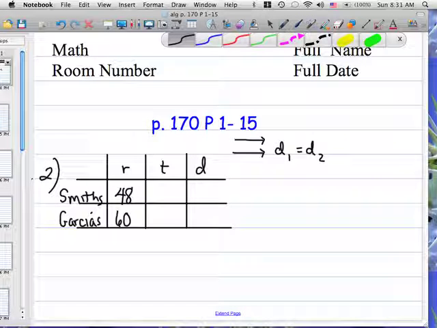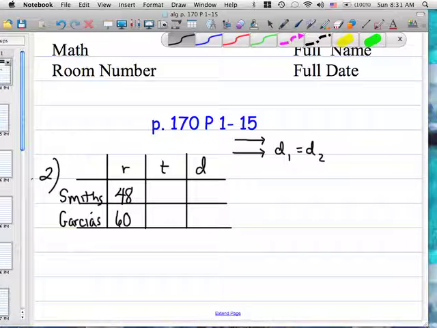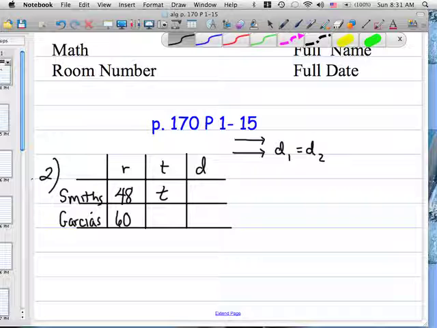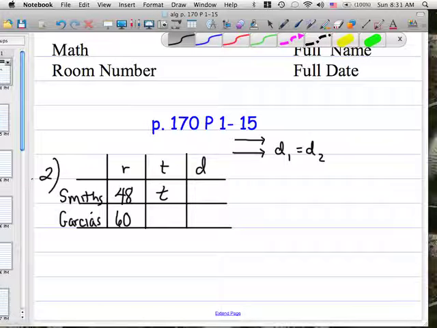The time: at what time did they overtake the Smiths? We don't know, so we'll put t here. t is the total time for the Smiths traveling. The time for the Garcias, since the Smiths left at 8 and the Garcias left at 8:20, is 20 minutes less than the time for the Smiths.